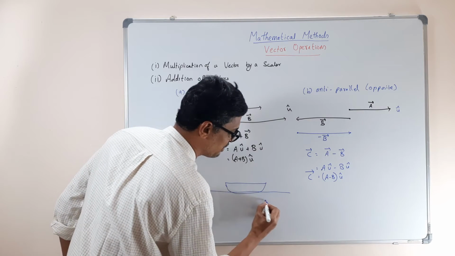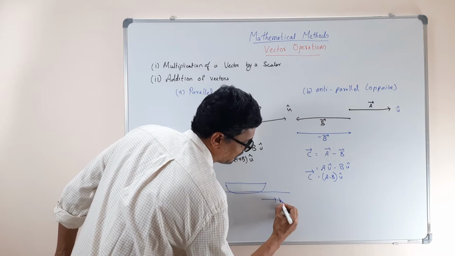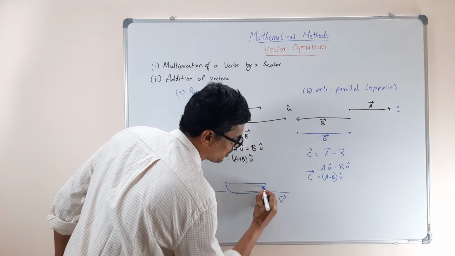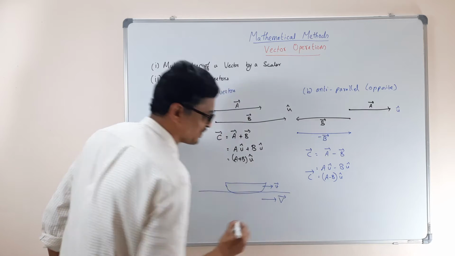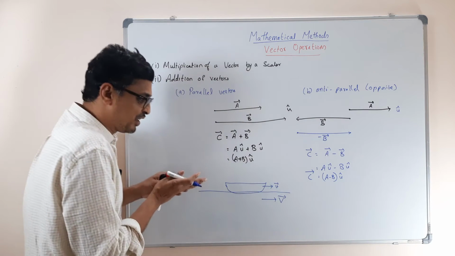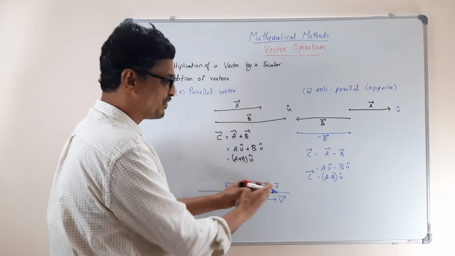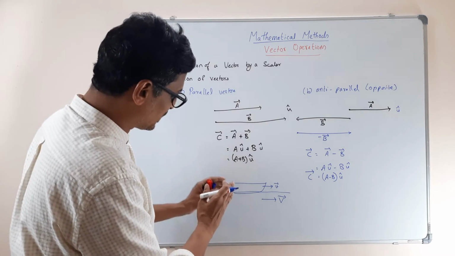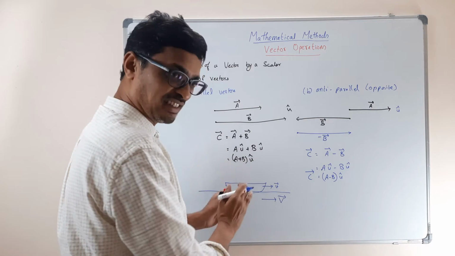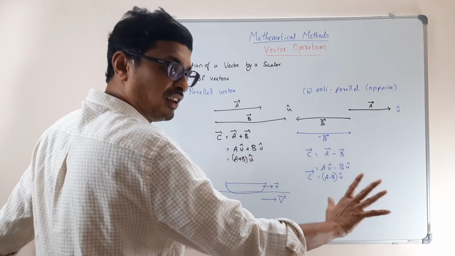If the stream is having a velocity, let us call it capital V vector, and the boat is having a velocity, let us call it small v vector. When the boat is going along this direction, the resultant velocity will be V plus v. If you want to see only the boat, you can remove the entire water.